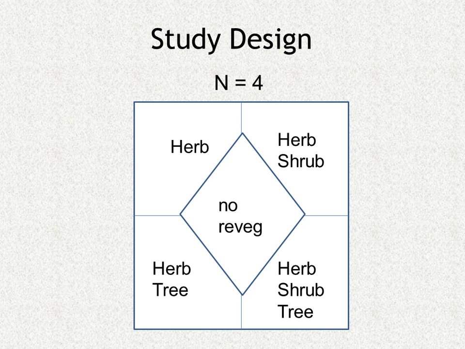So again, here, really my hypothesis is that this will result in the most functional community. This is the most difficult and the most expensive way to revegetate. So again, it's all about quantifying not only is this the most effective, but how much difference is there between these treatments? Is it worth spending the money? Is it worth spending the effort?